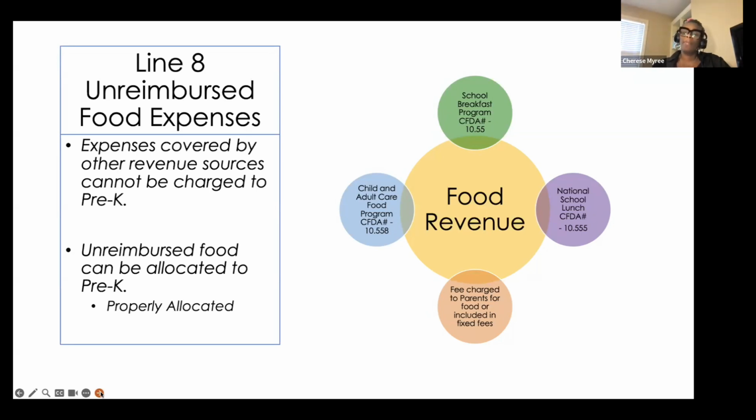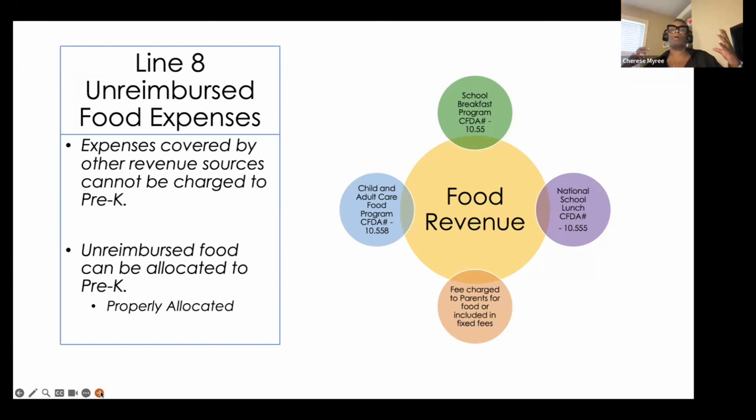So if you have more money than you have expenses, then you don't have any food costs to allocate. However, if you have more expenses than you have funding, there are some pre-K funds that can be used to cover those expenses.